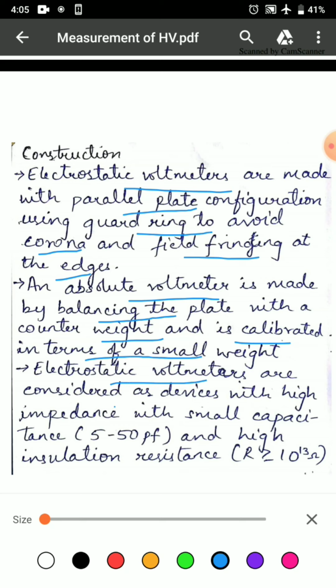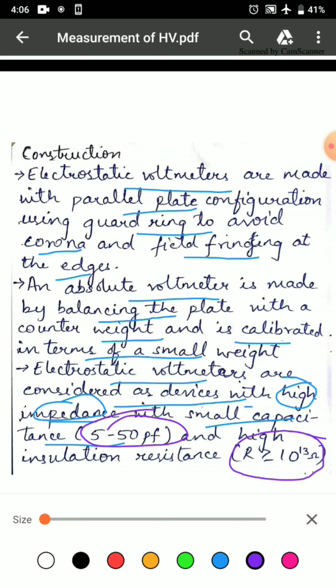Electrostatic voltmeters are considered as devices with high impedance and small capacitance value of 5 to 50 picofarad and high insulation resistance of R greater than or equal to 10 to the power 13 ohm.